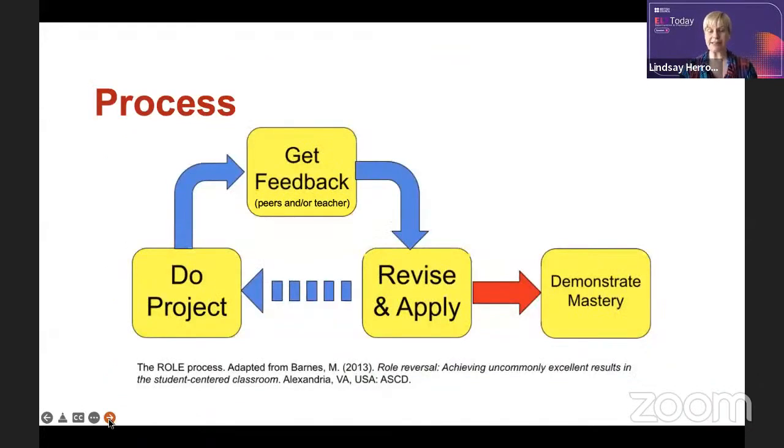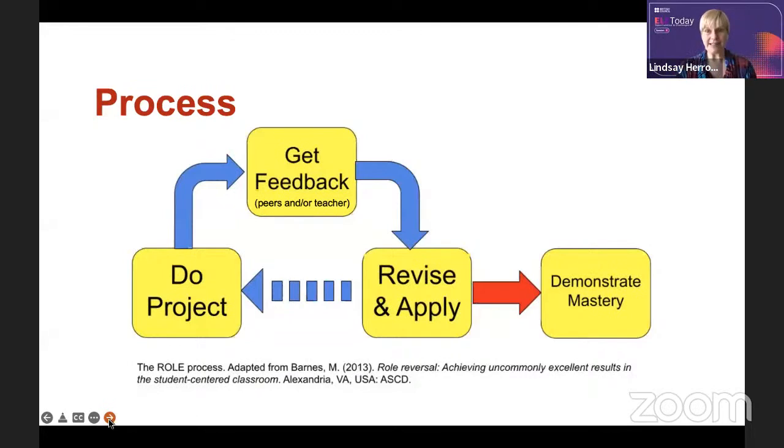So the process of doing a project, what I really recommend is something that Mark Barnes has called the ROLE process. So students do the project, they get feedback from their peers or from the teacher. That's where the teacher or the peers say, ooh, this part seems a little bit strange. Maybe you could do it this way. Why did you choose this? Have you thought about doing this instead?